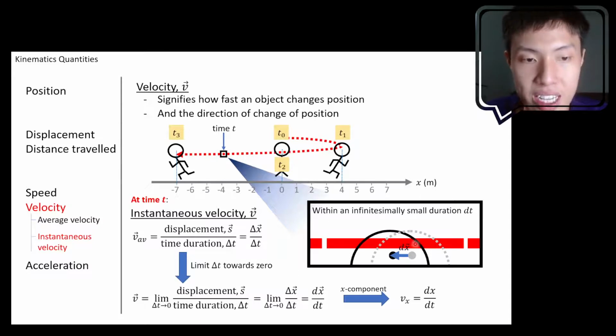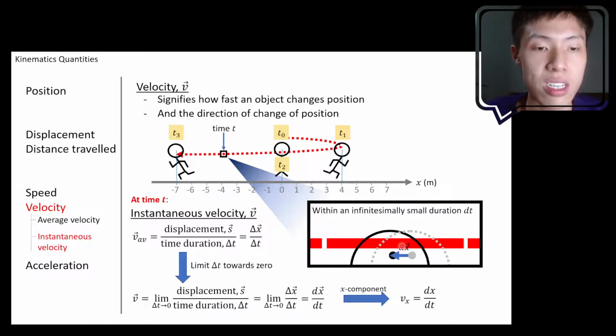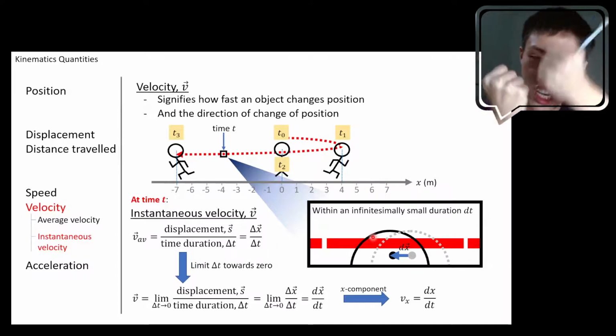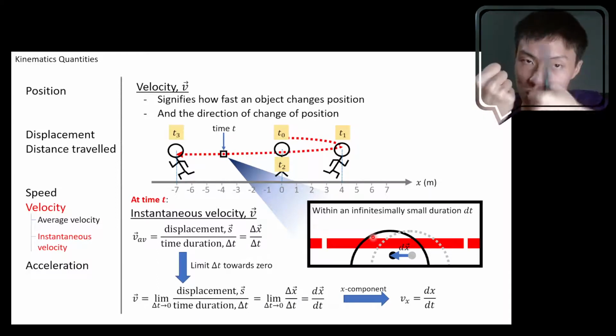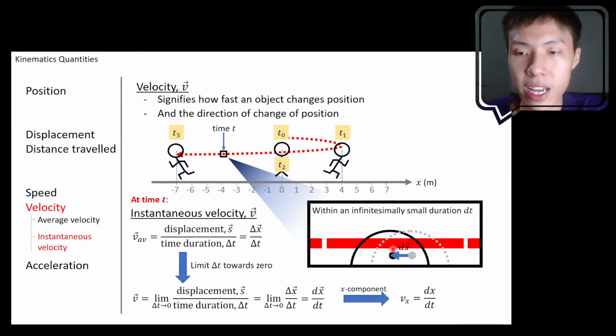If I'm moving in this direction, my instantaneous velocity points in the same direction as where I am moving. Because it's a very short time window, you cannot change your path within it. So the direction of instantaneous velocity is the same as the direction of motion at that particular moment. If it's moving to the left, then the direction of instantaneous velocity is to the left.